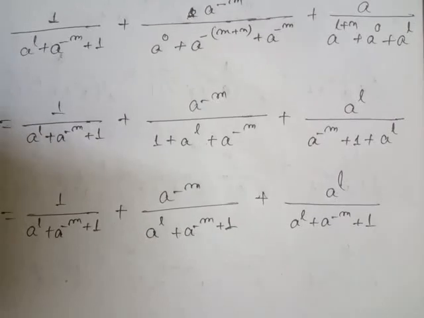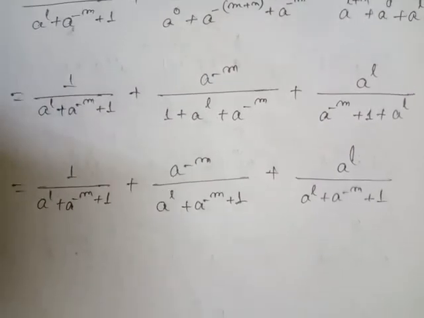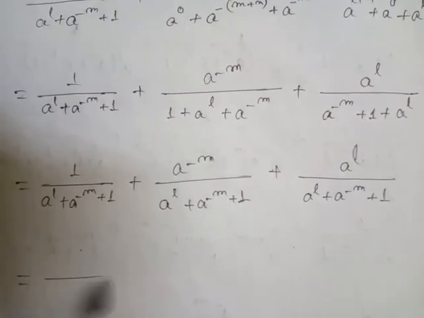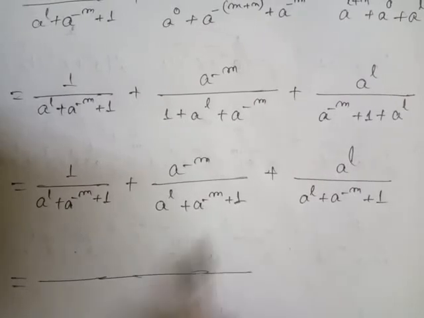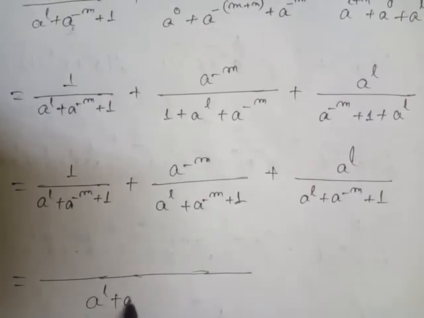Now look, all the denominators are same, so if I take the LCM here, the LCM will be only this one, a to the power L plus a to the power minus m plus 1.